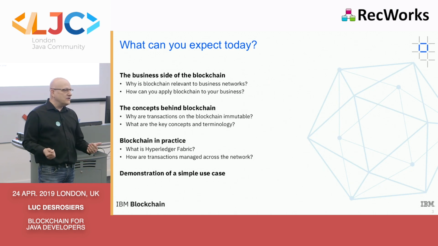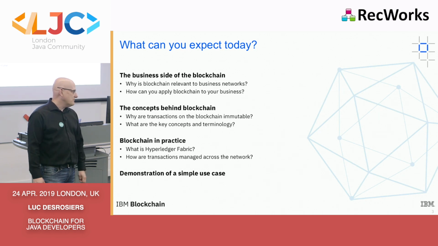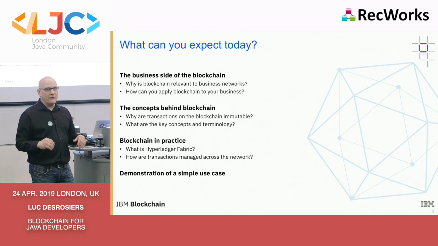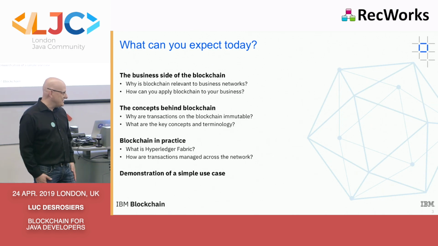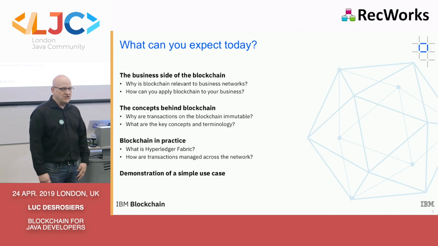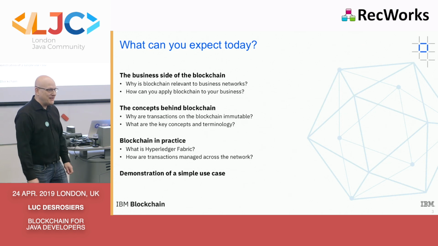And then finally, I'll start talking about the Hyperledger Fabric framework, which is the foundation that IBM has decided to invest in for their enterprise blockchain. And finally, I'll show you a small demo of how to get started, because this is, after all, a Java presentation. So I'll show you how to get started writing a blockchain application using Java. Sounds like a plan?